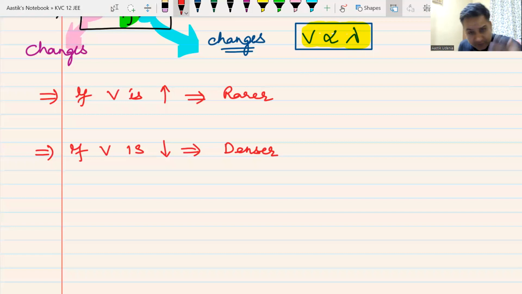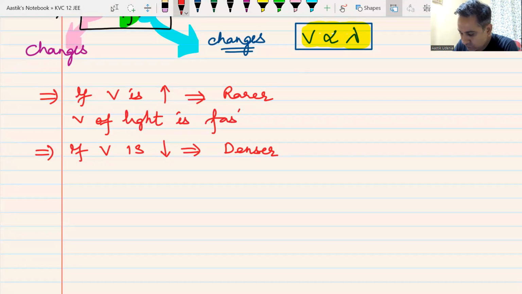Now, in which medium is the speed of light fastest, or the most, or the greatest? In vacuum or air? It's fastest in vacuum actually, but in air also, in our atmosphere, it is almost the same.